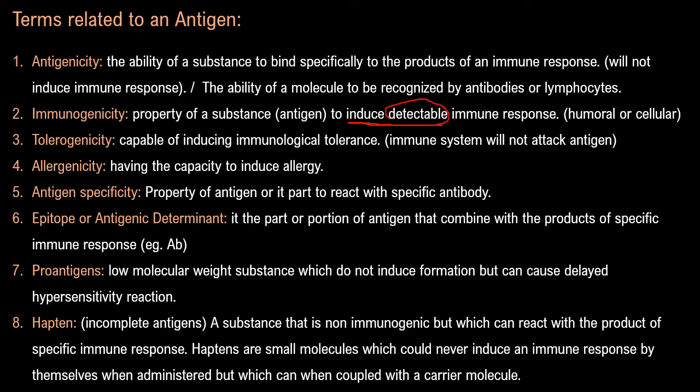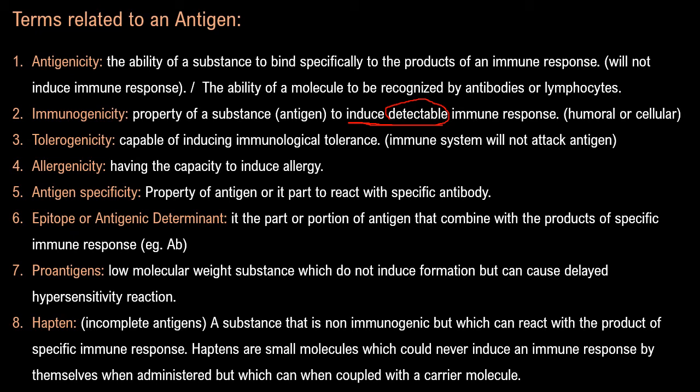Next is antigen specificity. This is the property of an antigen or its part to react with a specific antibody. A specific antigen will bind to a specific antibody only. That is antigen specificity. Next is epitope or antigenic determinant, a very important term generally used in antigen-antibody reactions.